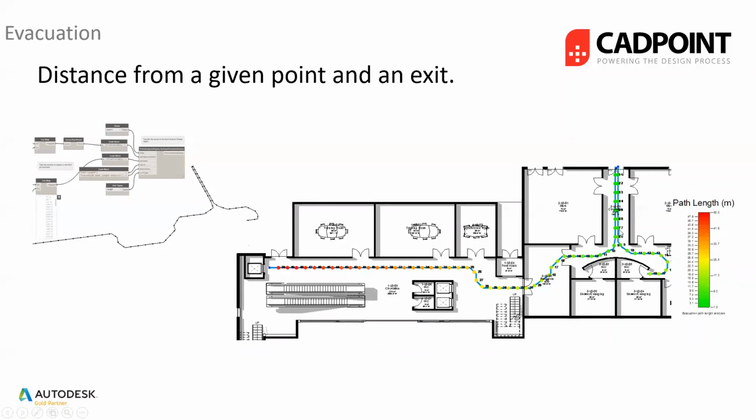So if they run to that door, if that's blocked, then the alternative one to run to or escape to is your far one. And as it reaches, obviously the 50 meter is the travel distance here for this particular building use case, it will highlight and get closer to red in a gradient map, again demonstrating fire escape restrictions or issues that you might have in the building as well.